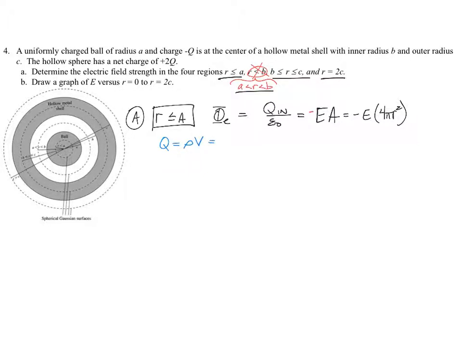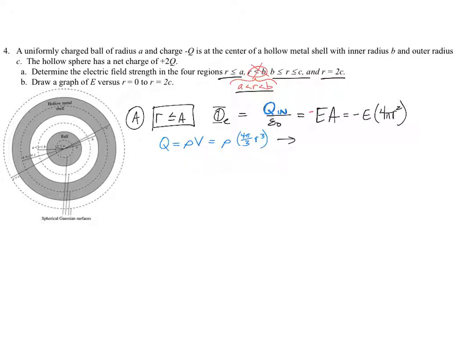Well, that would mean that we have this volume charge density times 4 pi over 3 r cubed. And so that means when we go to put Q enclosed, the charge on the inside, this is what we need to be dealing with.